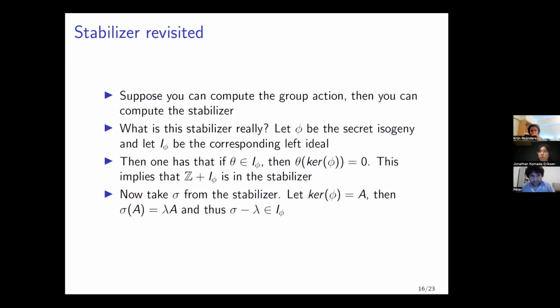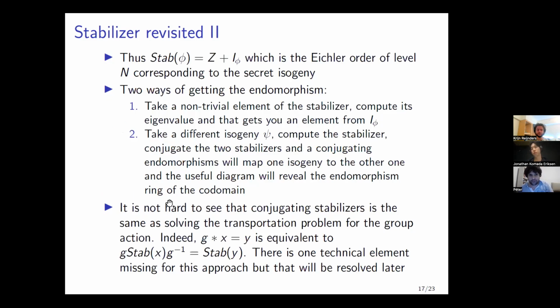Looking at this last line, the I phi part is really the lambda for sigma A equals lambda A. So I look at my matrix and compute its eigenvalues, because if I subtract the eigenvalue, I will get an element which is non-invertible. And this is basically what I want: the non-invertible part.